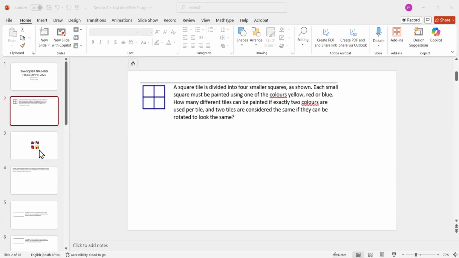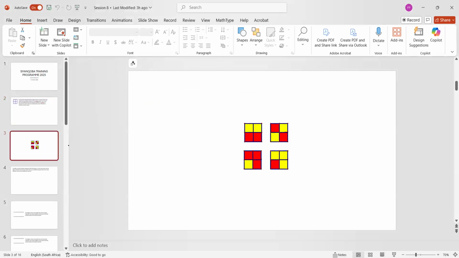Suppose for a start we are using only red and yellow. So you can see here I've got only red and yellow. Of course, red and yellow are just one of the possibilities, but you could have yellow and blue, or you can have red and blue. There are 3 possible ways of using 2 colors.